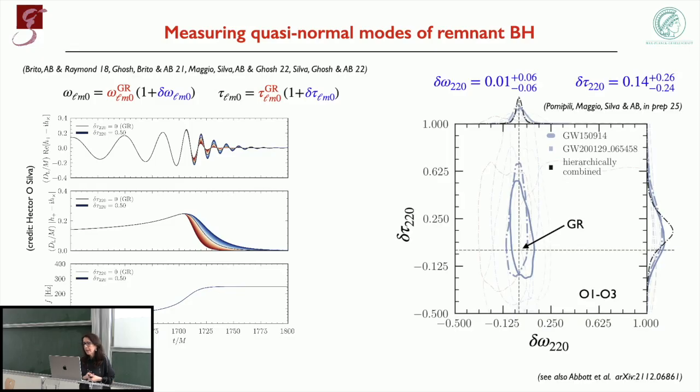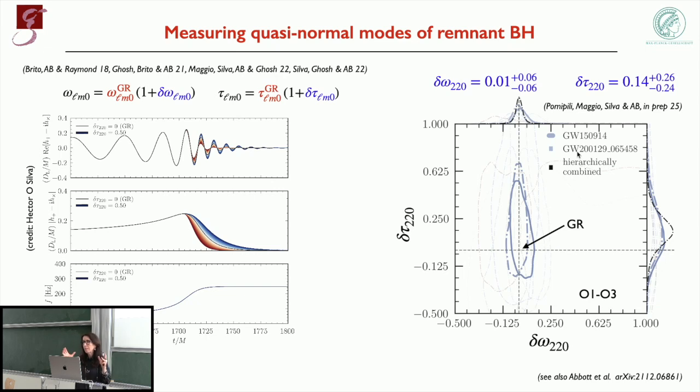So this test was done with the events of LIGO and Virgo, and this plot shows you the deviation from the fundamental mode, which is the quadrupole mode, delta omega and delta tau. General relativity is here, 0. And you can see all the events, but in particular highlighted the two events that have the larger signal-to-noise ratio in the ringdown. So general relativity is not violated.